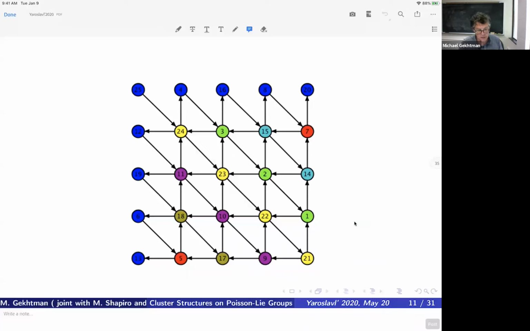Now think about this as a place in a 5 by 5 matrix. Start with this element, x24, and drop the diagonal from this element until it reaches either the last row or the last column.